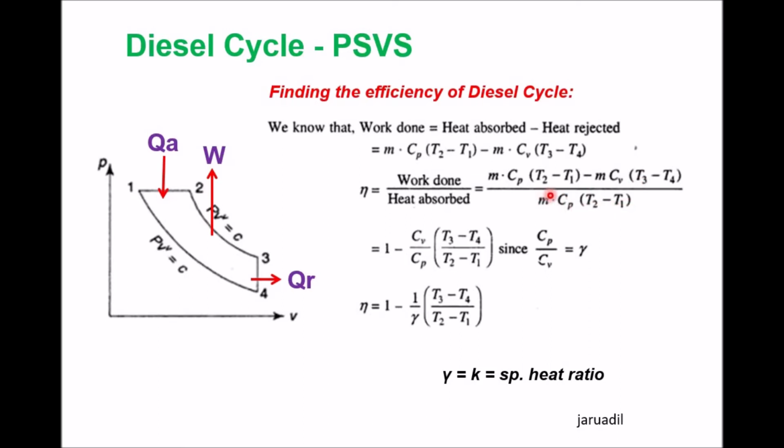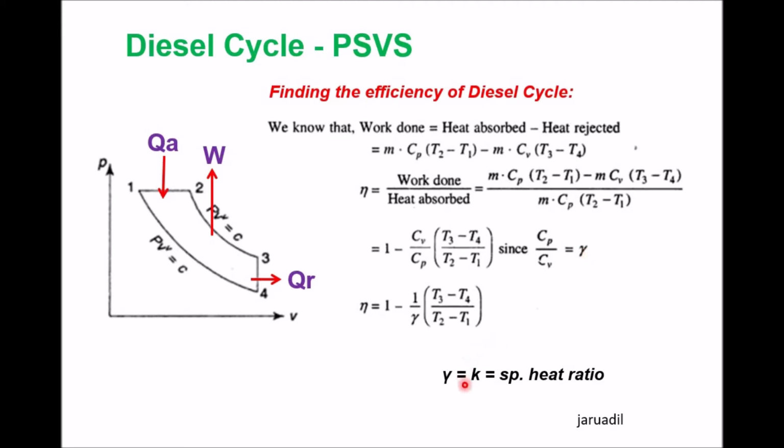The m will cancel, so we have Cv divided by Cp and (T3 minus T4) divided by (T2 minus T1). That's why we arrive at this equation: 1 minus Cv over Cp times (T3 minus T4) divided by (T2 minus T1). Since Cp divided by Cv is equal to gamma, the specific heat ratio.